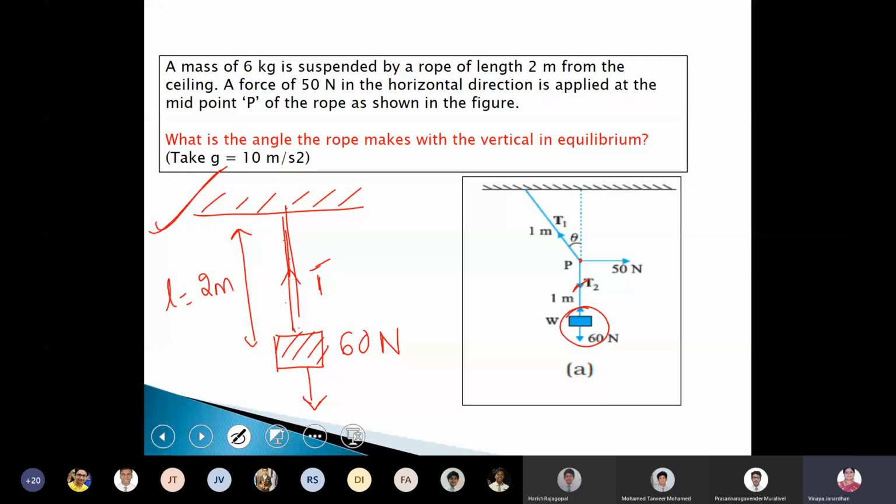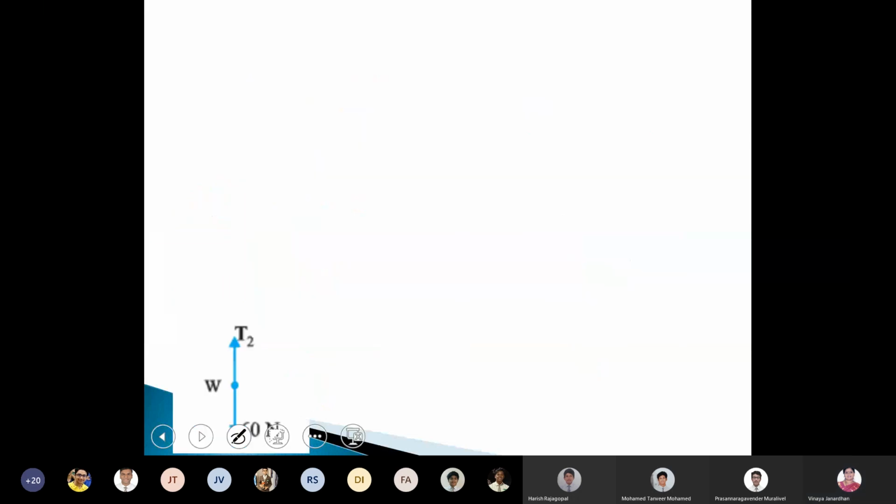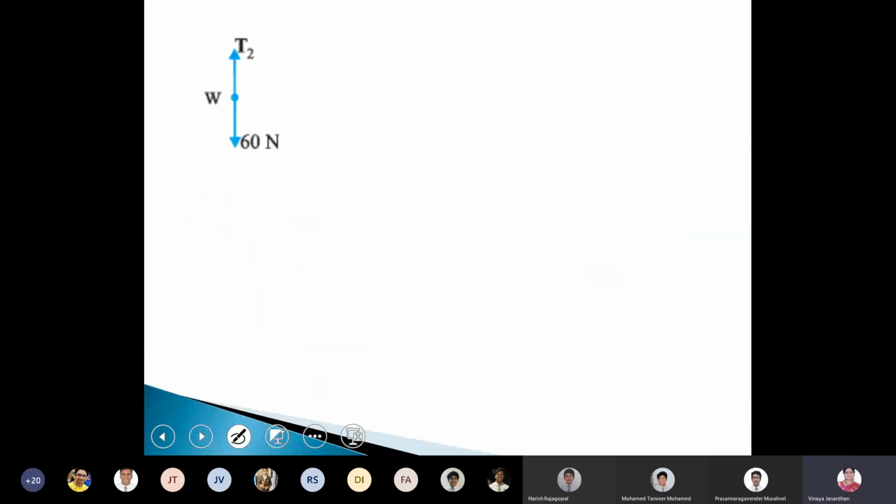If the weight were going to move down, then point P would keep shifting its position, so point P would not be in equilibrium. Equilibrium means it's not moving at all. In that case, T2 must be equal to 60 Newton.